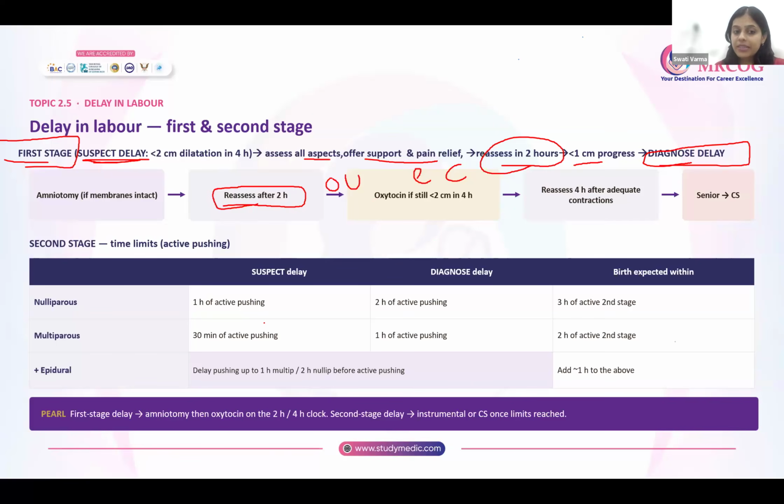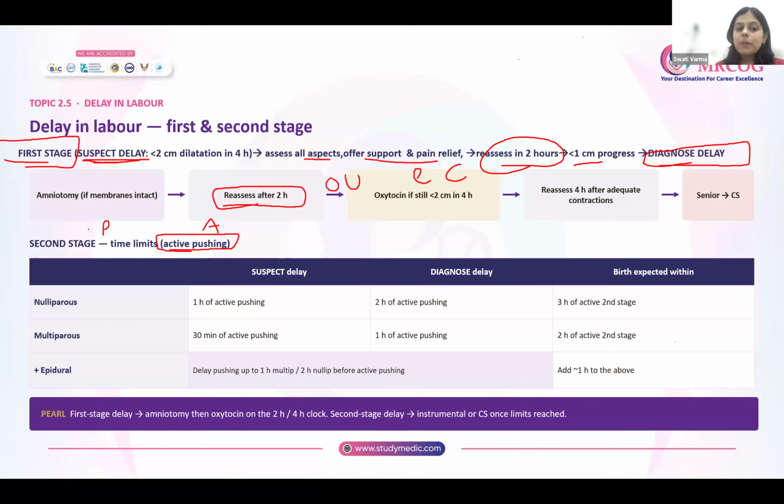Now let's come to second stage. In second stage, it is important to distinguish when she is passive and when she has started active pushing, which is the active stage. Passive stage usually stays for half an hour to 1 hour, depending on whether she is nulliparous or multiparous. What does epidural do?